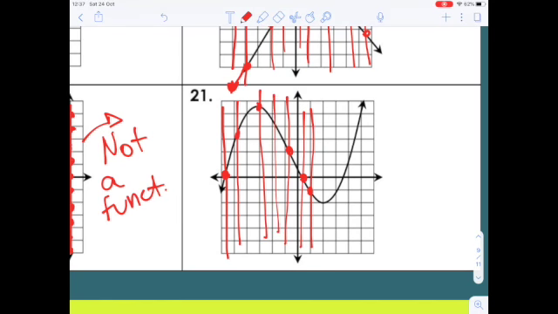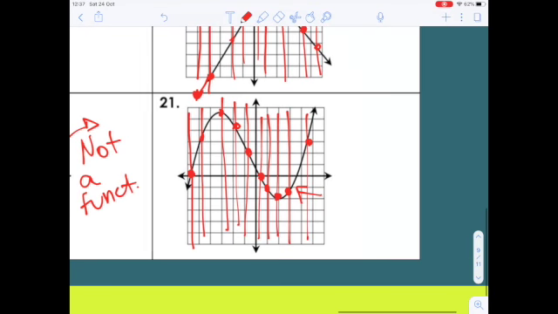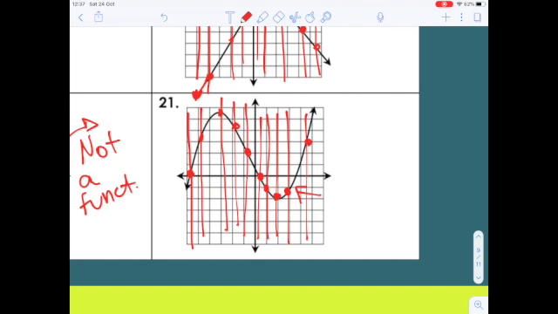There are infinite little lines I could draw in the middle, but hopefully you can see that in every single one of these lines, it only intercepts your graph at one point as I scan the graph vertically. So I could draw any sort of infinite vertical lines anywhere, and they would only touch the graph at one point. Therefore, yes, it's a function.